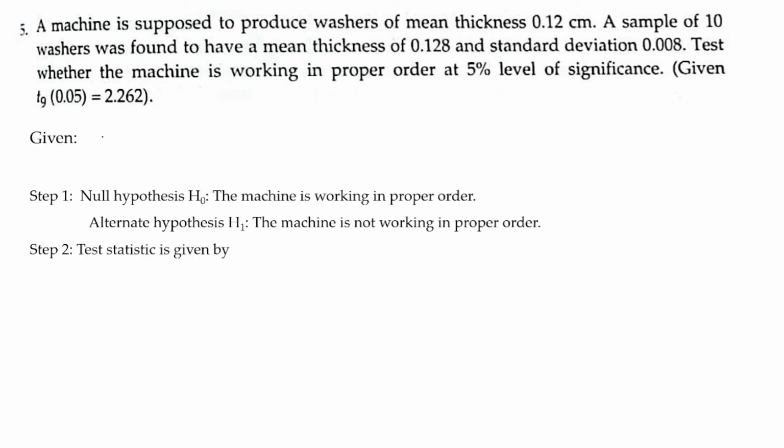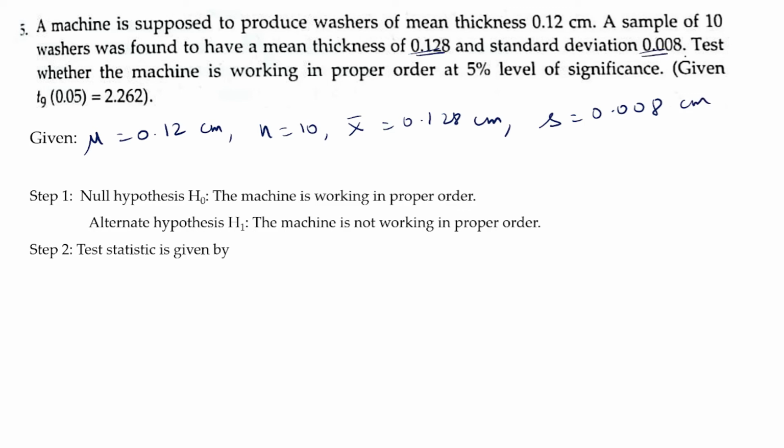So given, population mean is 0.12 centimeter, sample size is 10, sample mean is 0.128 centimeter and sample standard deviation is 0.008 centimeter. All these are given. Now the first step is, let us write the null hypothesis H naught.